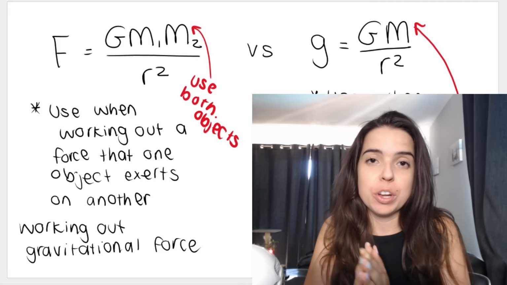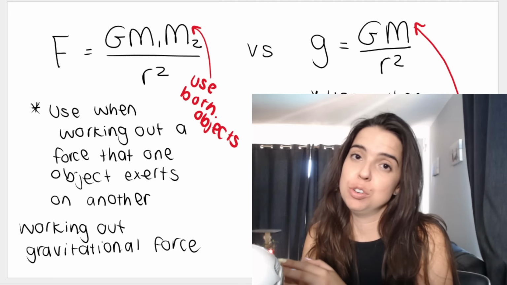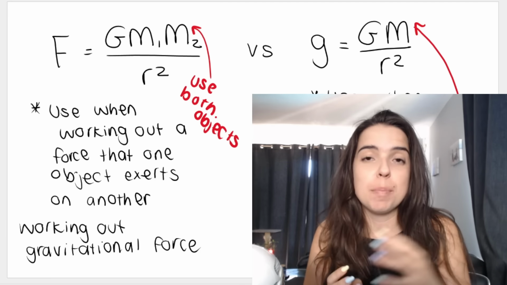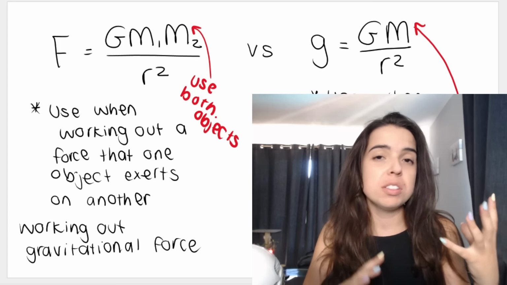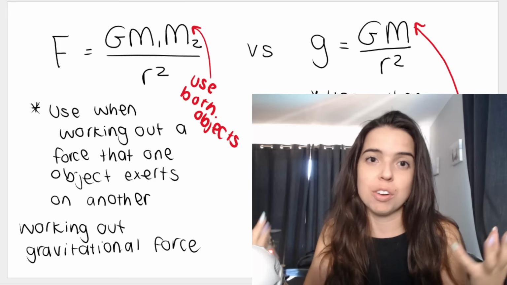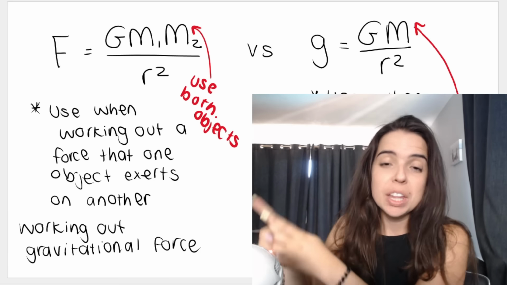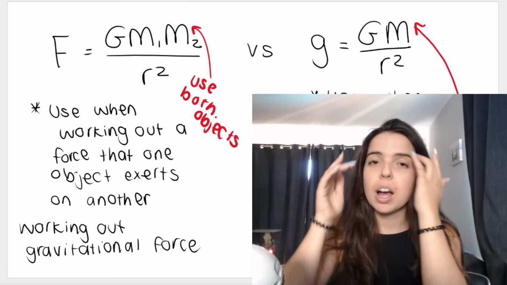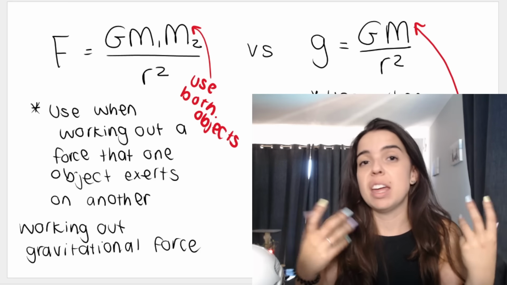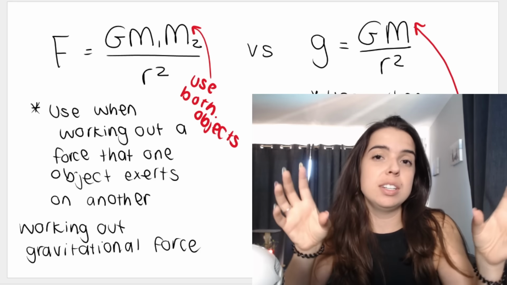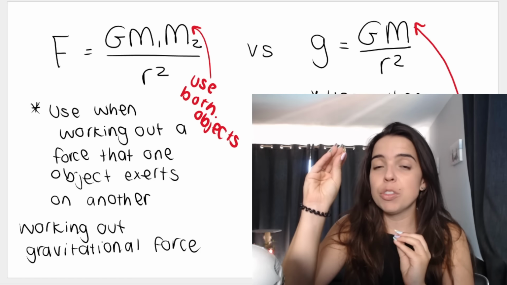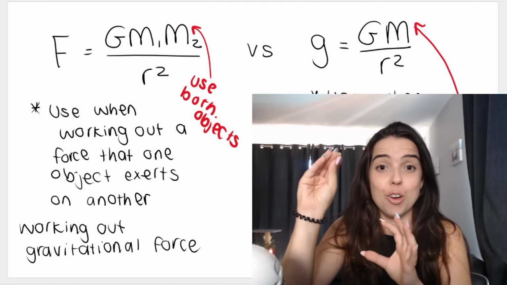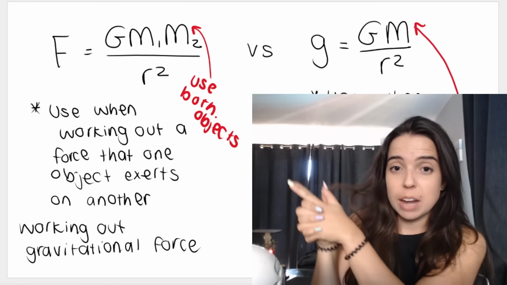So for example, if the question says, work out the gravitational force, or work out the force that planet A exerts on planet B, or the force that Mars exerts on Earth, you'll use this formula. You can also use this formula to work out a distance that they require. So for example, work out the distance between the satellite and the Earth, or the man standing on the surface of the Earth and the Earth itself. So we could also use that formula.